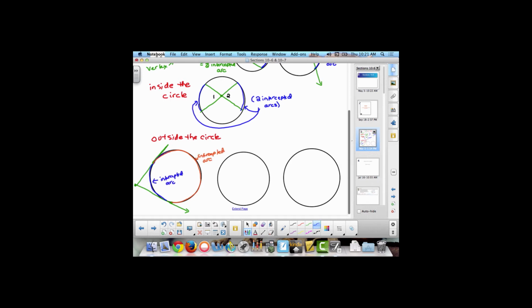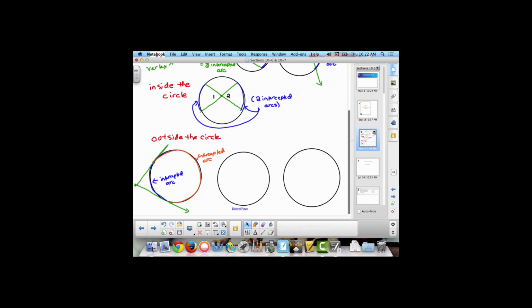Notice that the entire circle is broken up into those 2 arcs. So the measurements differ by 360, or the orange arc's measure is 360 minus the blue arc's measure. The blue arc's measure is 360 minus the orange arc's measure, or together their measures add up to 360.